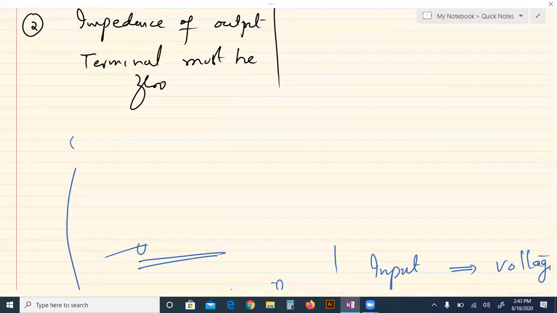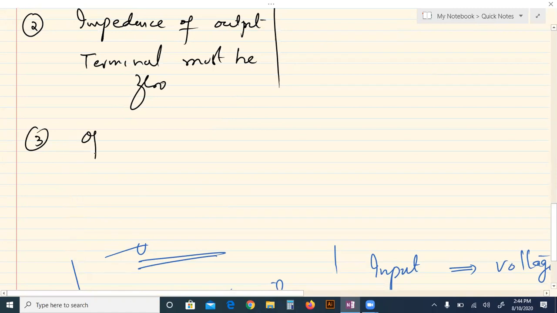And number three, gain. Gain means open loop gain. Why open loop? Because no current. Gain means efficiency, output. Open loop gain must be infinity, meaning the advantage.